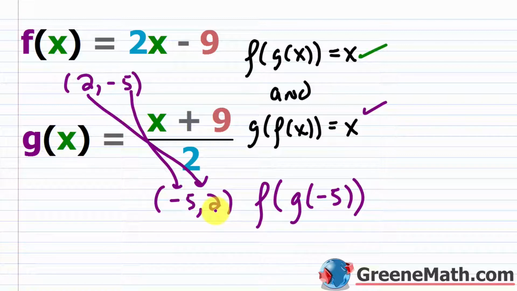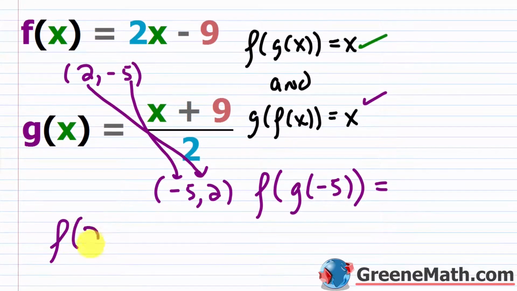So this turns out to be f of 2, and I want to say, what is f of 2? Well, I go back up here, I know this is negative 5. So f of g of negative 5 is negative 5.